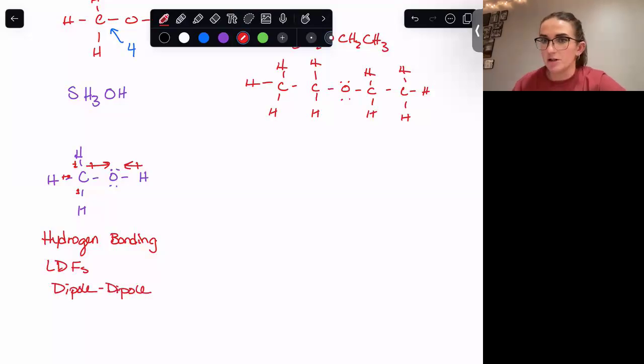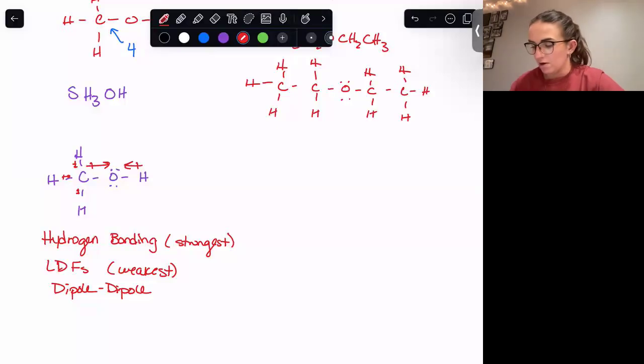Okay, what's going to be our strongest one here? Good, hydrogen is our strongest. What's going to be our weakest? Dispersion. And then the dipole-dipole is your medium range, right?